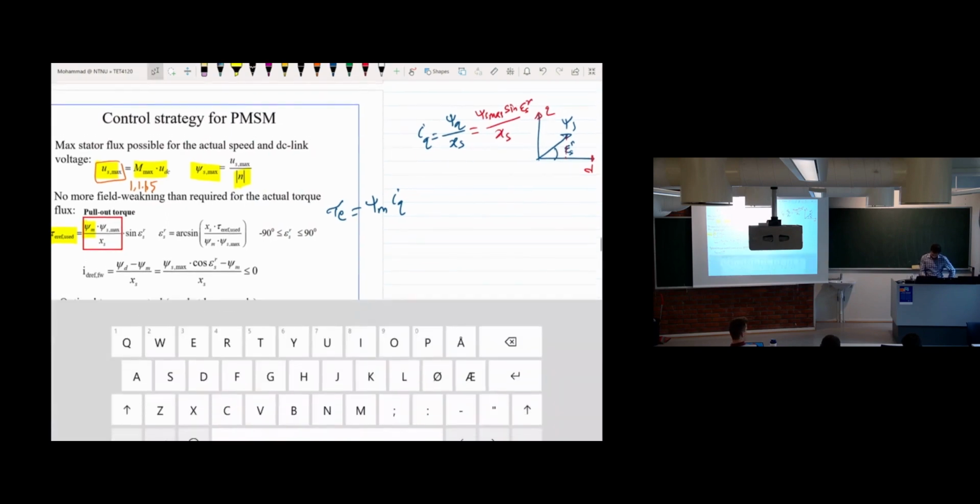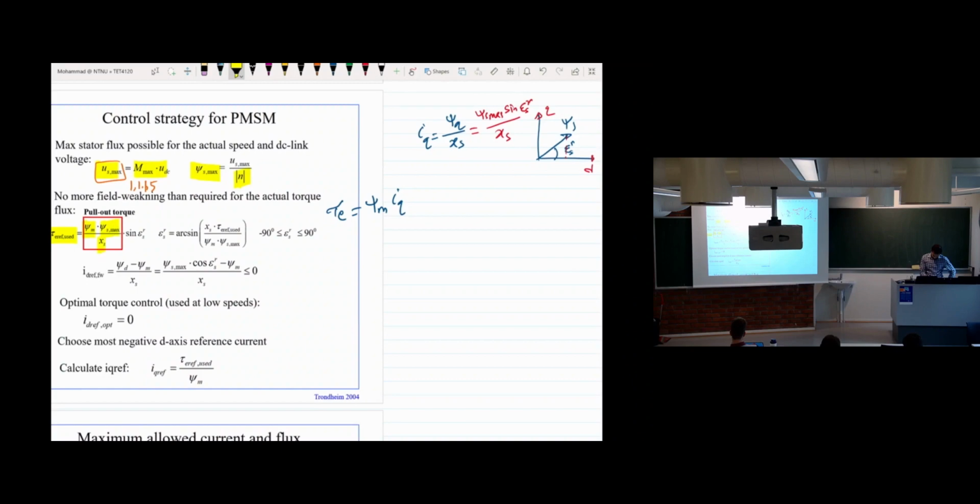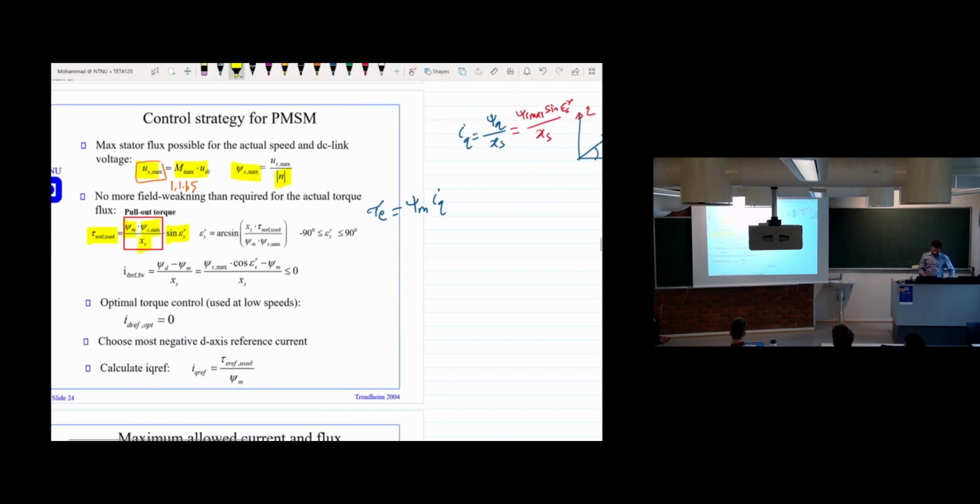So from this, we get this equation here. So we get the torque equation based on the torque reference, and we present it in terms of the stator flux and the magnetic flux.